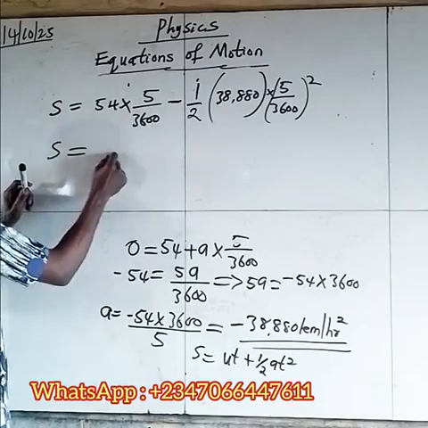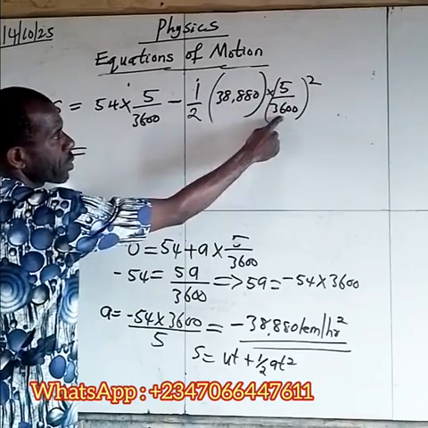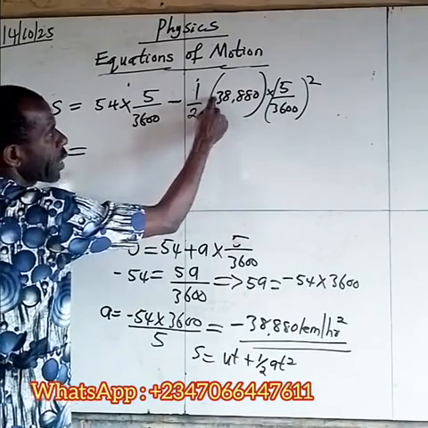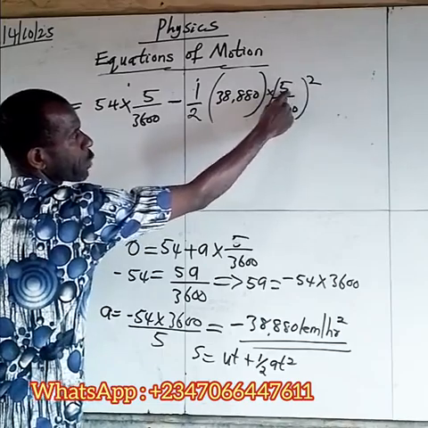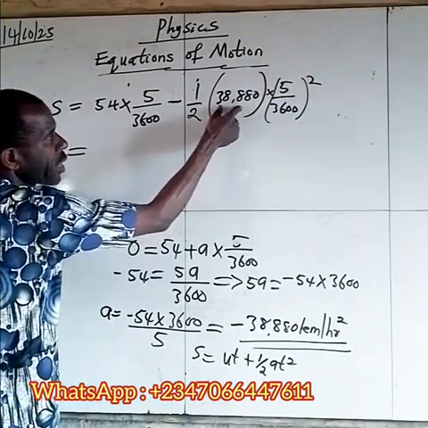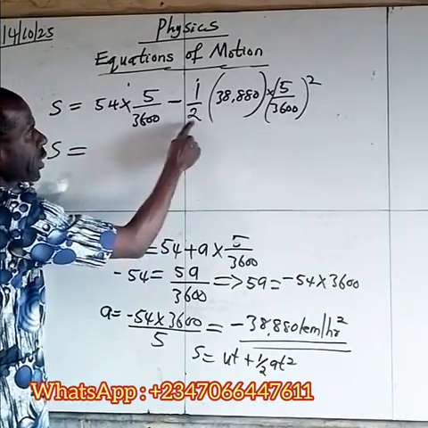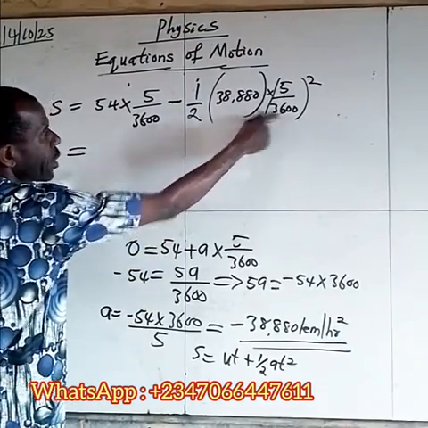Then square this one, 5 over 3,600. Square 5 will give us 25. Then multiply by 38,880, and you write it as your numerator. Then this one here, you square it, then you multiply this.